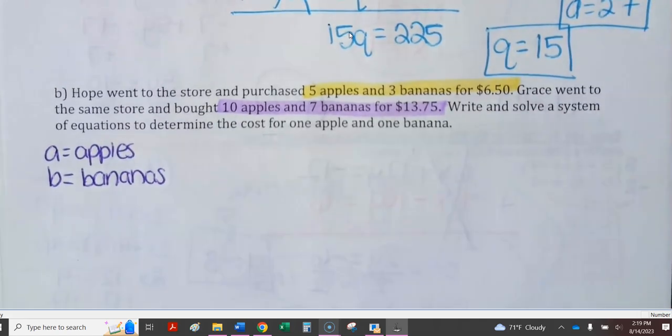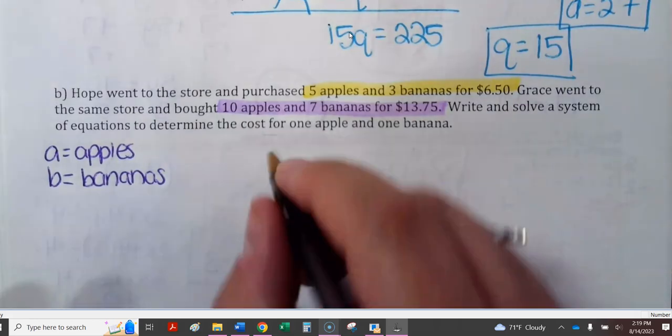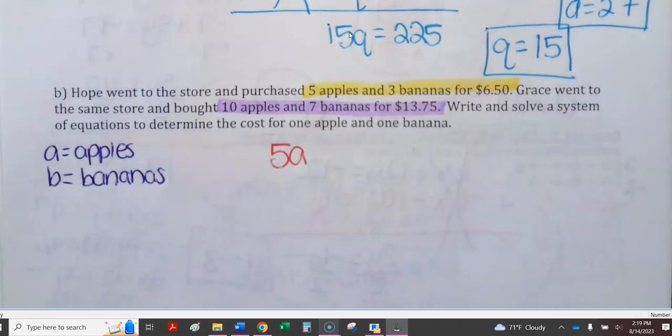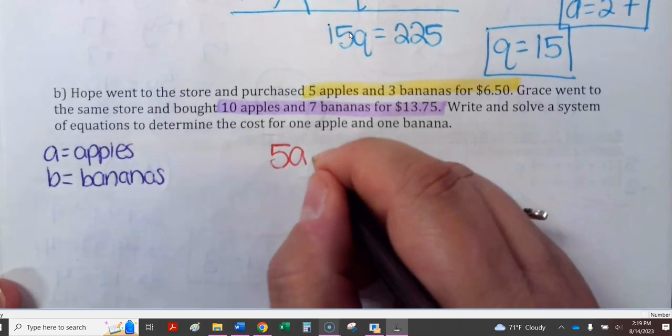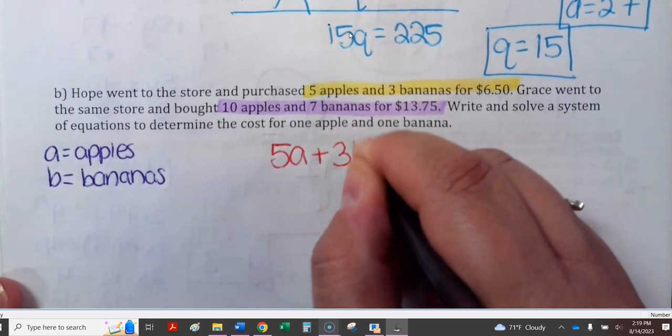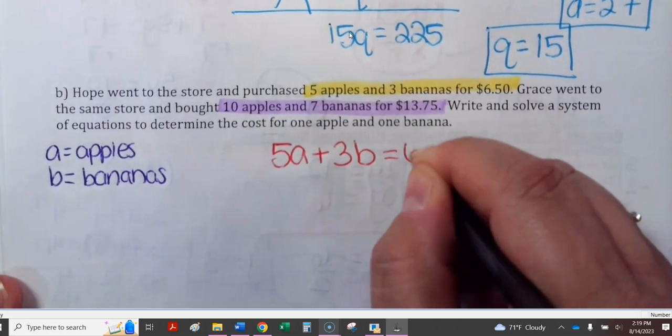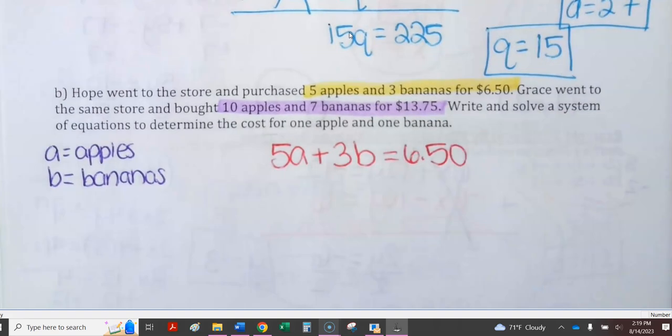Okay. Could anybody translate the 5 apples and 3 bananas for $6.50 into an equation? What would that look like? Perfect. Okay. Just 5 times however many apples, whatever the price is, 3 times whatever the price is for the bananas, and you know you spent $6.50.